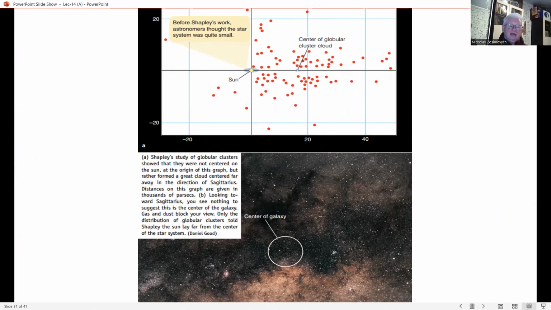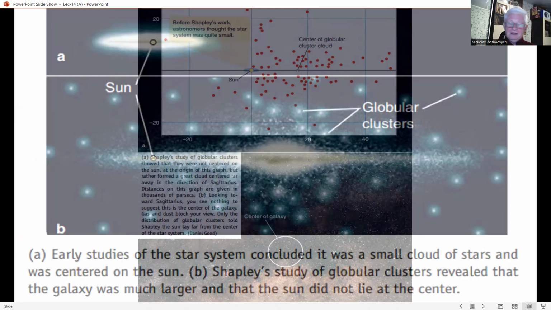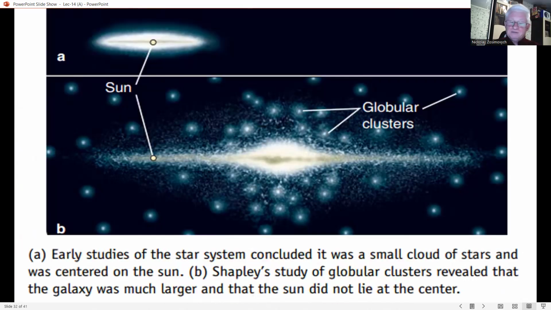The point is not that he made a few errors of calibration, but that he got the main point right. We live not at the center of a small star system, but in the suburbs of a very big wheel of stars. And it is not surprising that astronomers at first thought that the star system was small.